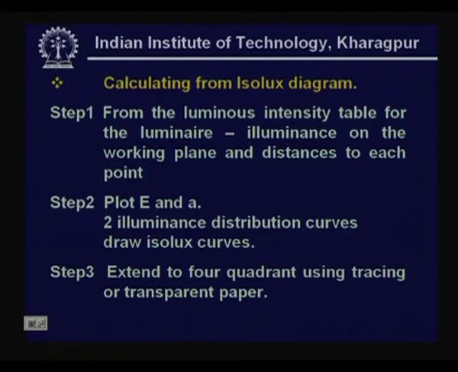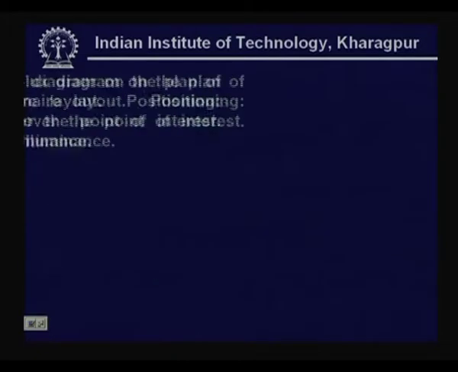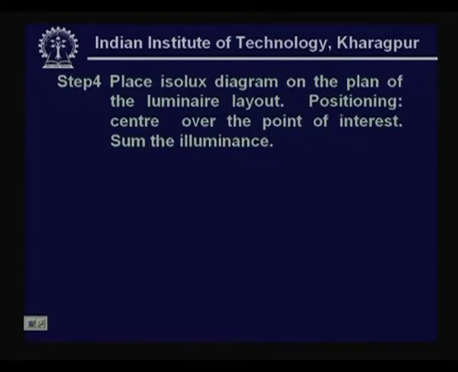We could perhaps draw in one quadrant and extend it to 4 quadrants. This method is not necessary if you are able to assess from the numerical tables given. Then place the isolux diagram on the plan of the luminaire layout.